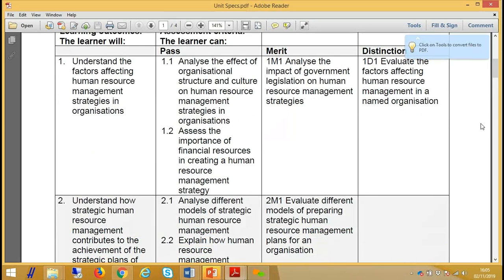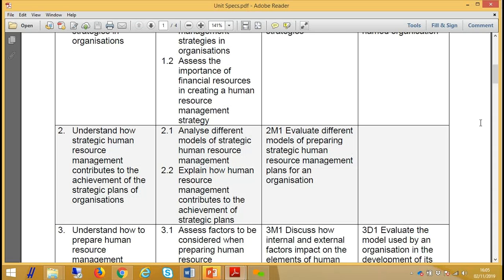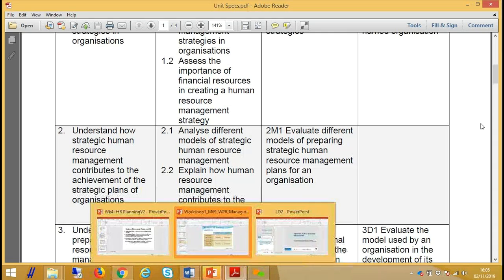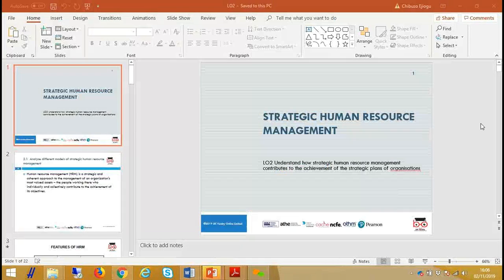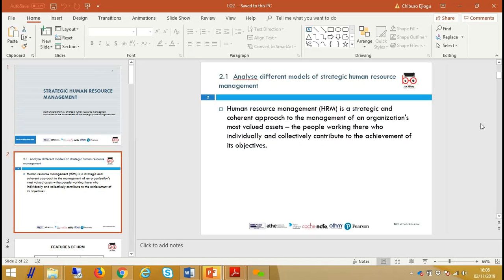Last week we introduced some basic models and what is strategic human resource management, what is human resource management, what are the external factors you need to look at in terms of that. And then this week we'll be looking at the second learning outcome, which has to do with how you develop a strategic HRM plan. So hopefully you also have access to the recording from last week. We will be looking at different models of strategic HRM also.